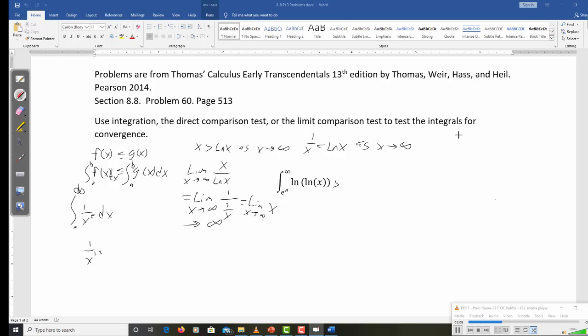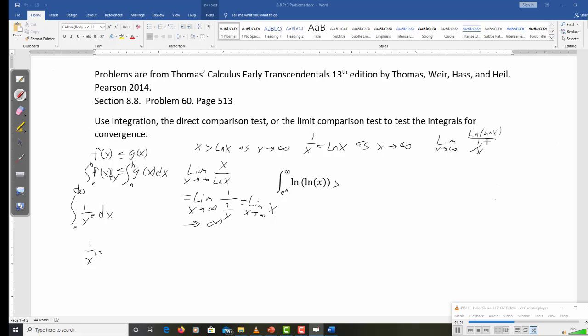1 over x. So the limit as x goes to infinity. It doesn't really matter. I'll put the ln's on the top. ln of x over 1 over x. Is this going to be larger than this? I think it will be, because this is going to go to 0 and this is going to go to infinity.